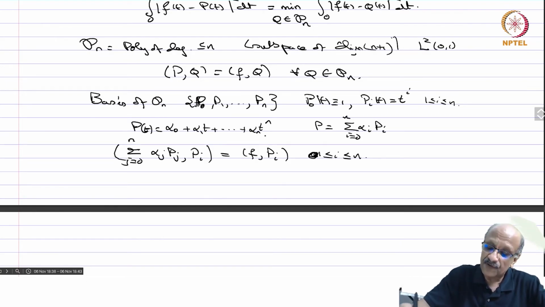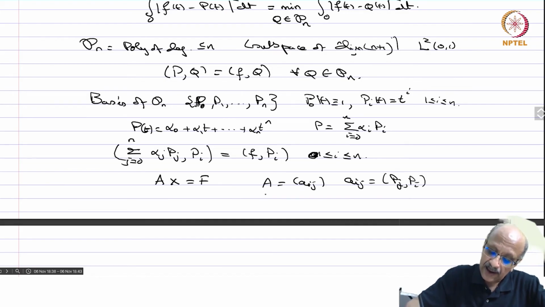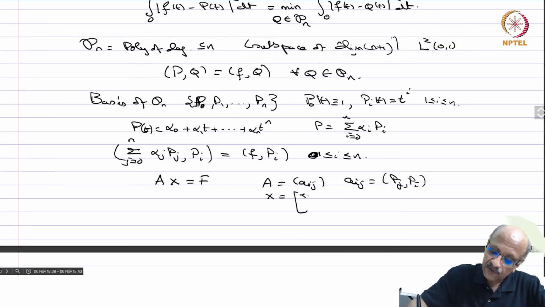Once you find the alphas, you know p, and therefore you have found the least squares approximation. Now what is this thing? This can be written as Ax equals F, where A is the matrix aij, aij is nothing but the inner product (pj, pi), x is the vector alpha 0 to alpha n, and F is the vector of integrals of f p0 to f pn.